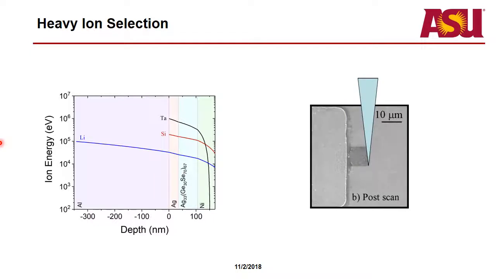This is a useful machine because in addition to being able to pretty precisely raster scan across only the device area, they also have a setup that allows us to track the position of the beam, so we can correlate effects to the position of the beam, and I'll get to those results later.